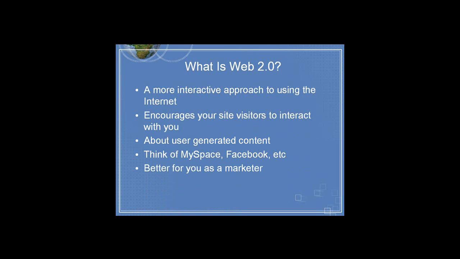These sites are incredibly popular. I mean, MySpace and Facebook have hundreds of millions of page impressions a day. Go and check the Alexa stats and see. They are two of the most popular sites on the internet. So there's massive potential there, not just for internet marketing, but for a lot of niche marketing as well. There's huge, huge potential.